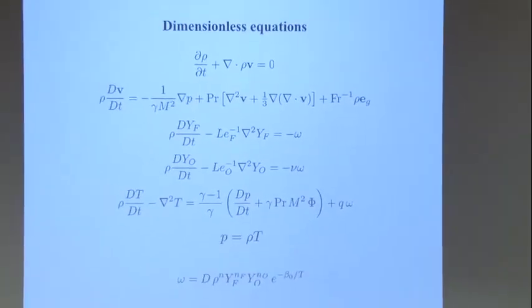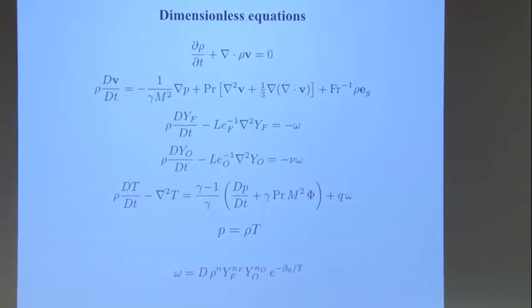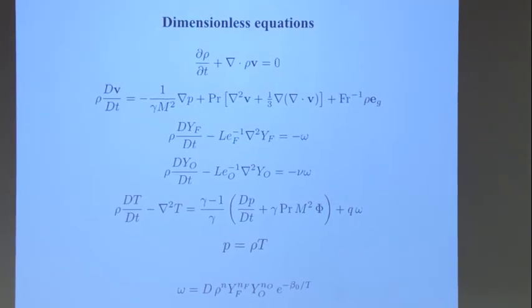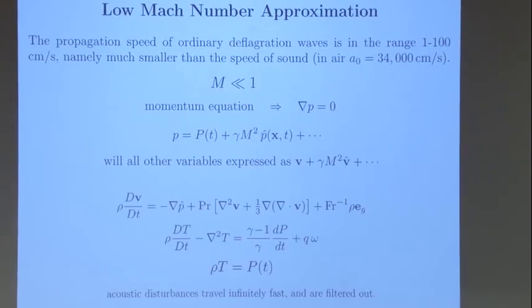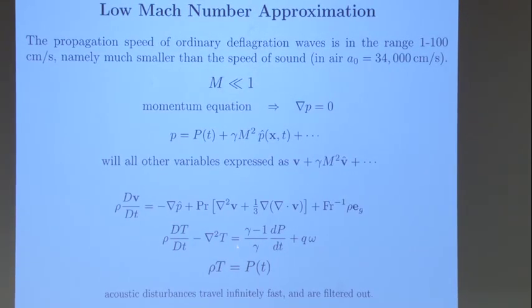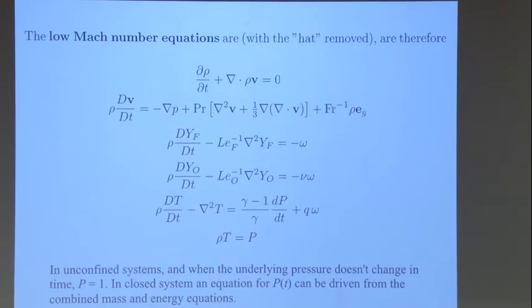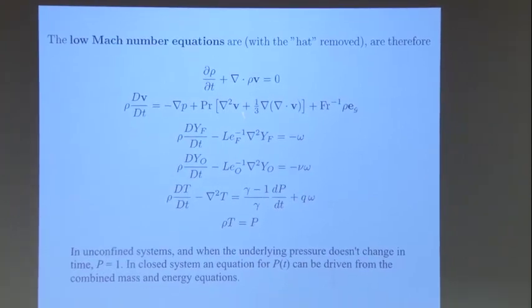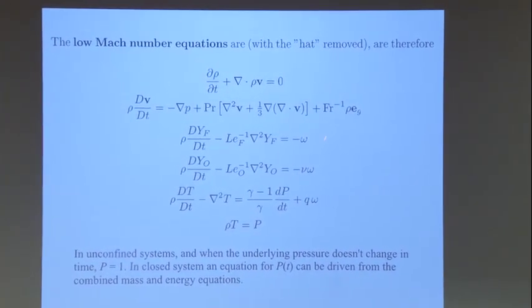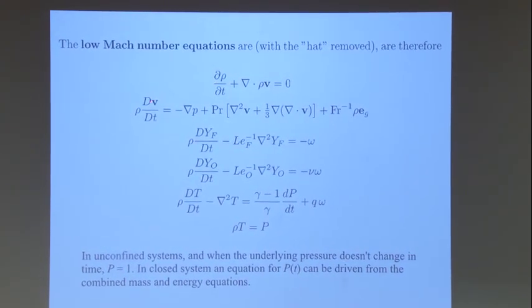So this is gone, and this Dp/Dt, which was the material derivative, is just replaced by the capital P, which is the change in time of the ambient pressure, if it changes. If not, that's 0.